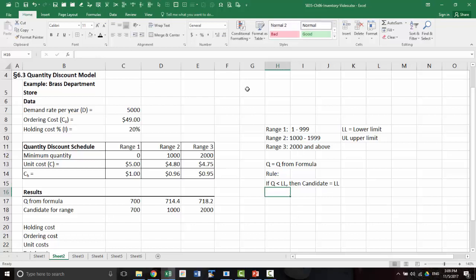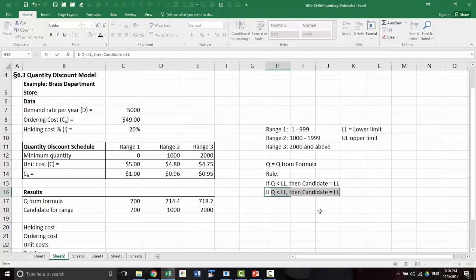Of course, for the first one, you're not going to have an EOQ that's less than 1, so it will always be greater than that. For the second one, it could be less than 1000, so then you get to 1000. So that's one case: Q could be less than the lower limit.